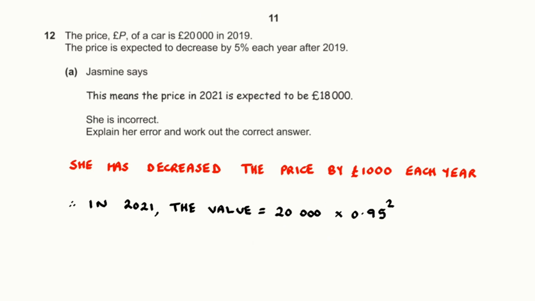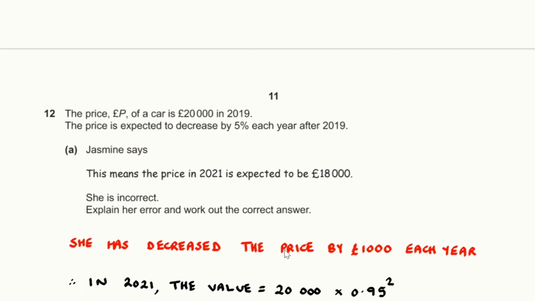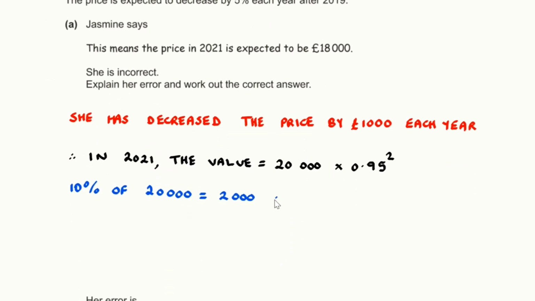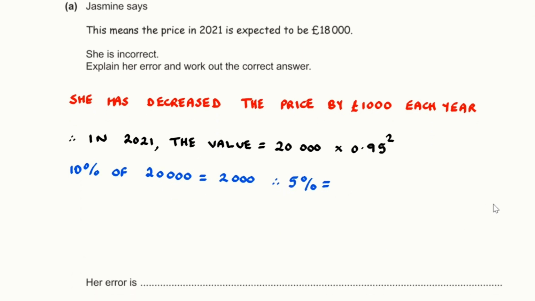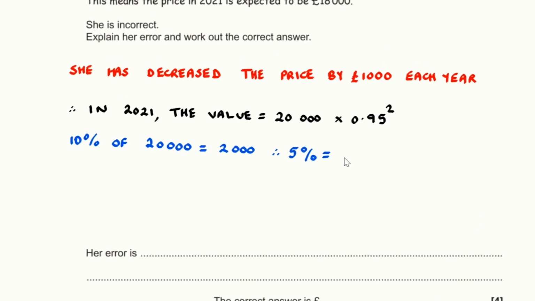Now, if I work out 10% of 20,000, that's equal to 2,000, and therefore 5% is equal to 1,000.